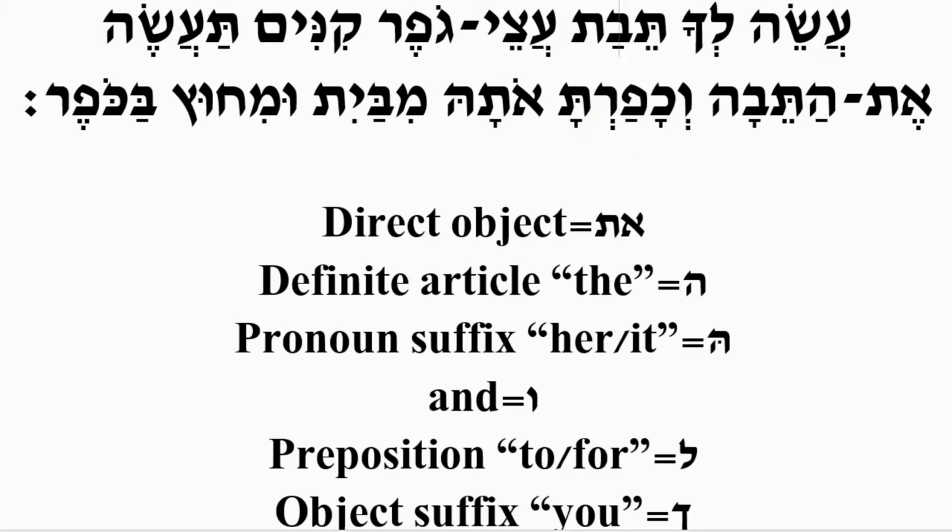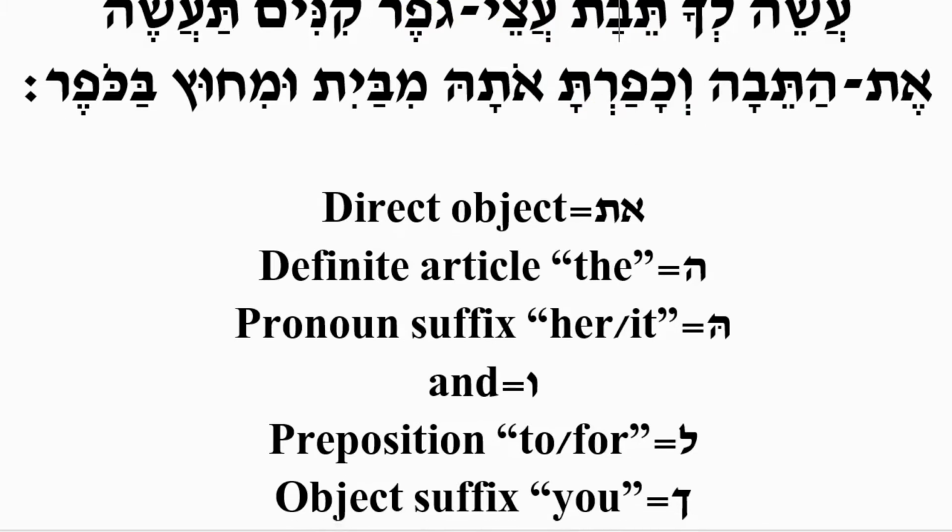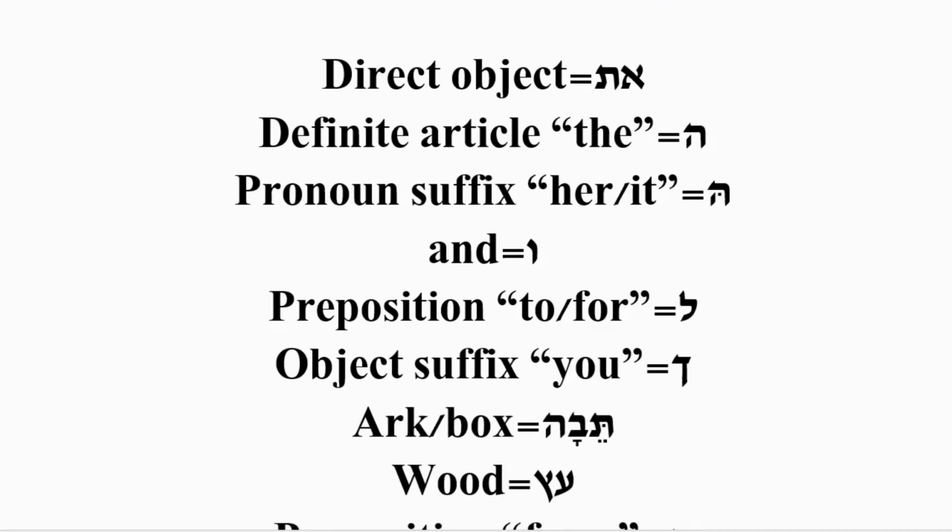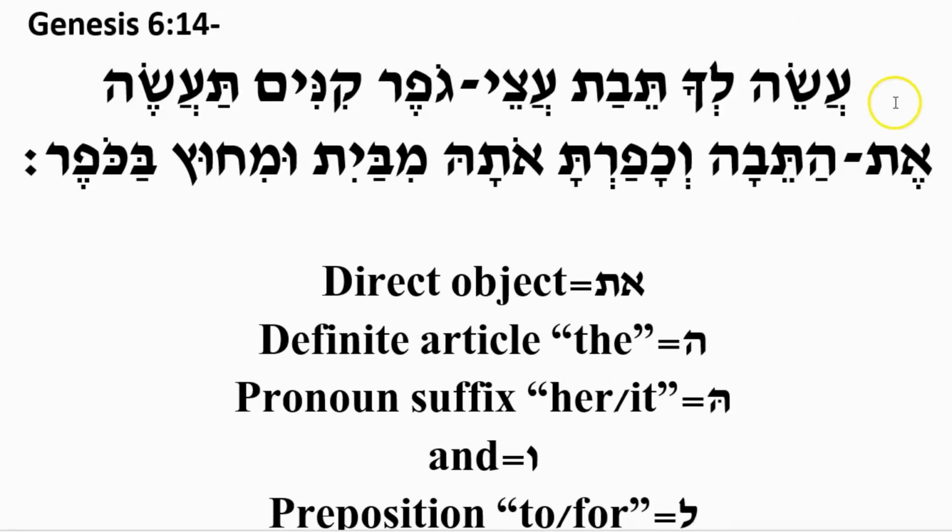Now atze gofer, of course, comes from the Hebrew word you may know, eitz, which means wood or tree, and it itself is also in smichut form. This would be atzim, woods, pieces of wood, gopher, of this tree called the gopher tree.